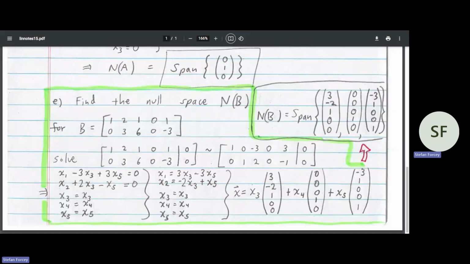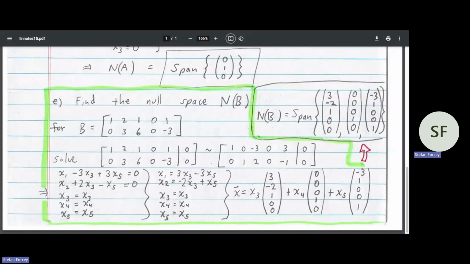The vector x, which is x1, x2, x3, x4, x5, is equal to, and I'll take out each of the free variables in turn. x3 has coefficients 3, -2, 1, 0, 0. x4 has no coefficients except for one spot where it was itself a free variable, so it's 0, 0, 0, 1, 0.